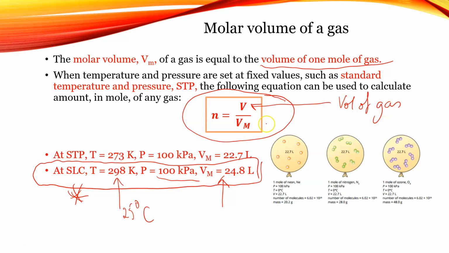So that's the 24.8 litres. So you may recognise a similarity with your equation for working out the moles of a solid, where you had amount N is equal to mass over molar mass. So now we've got N equals volume over molar volume.